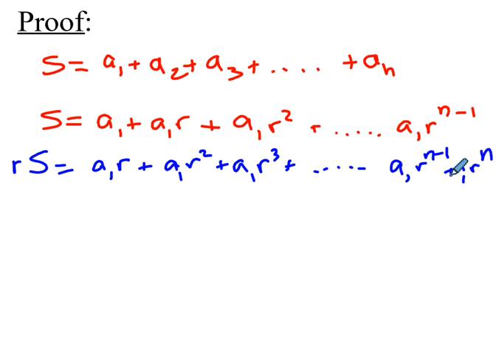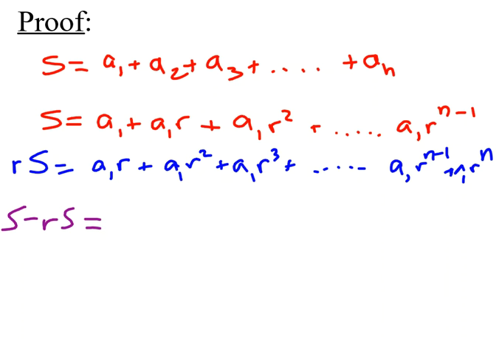So I have these two equations, and the blue equation is just if I took the red equation above it and multiplied by r. I added a few extra terms when I was writing it out, but it's the same equation, just multiplied by r. What I'm going to do is take these two equations and subtract them, because if I take two things that are equal and subtract them, I will end up with things that are equal as well. So this is going to be S minus rS on the left-hand side.